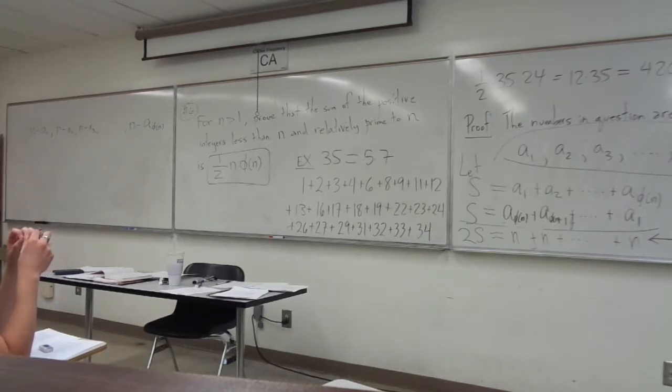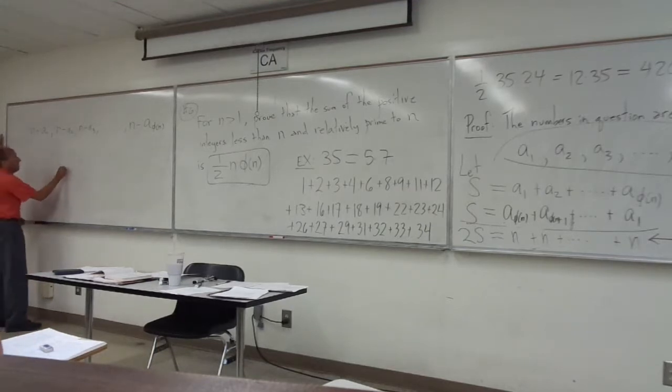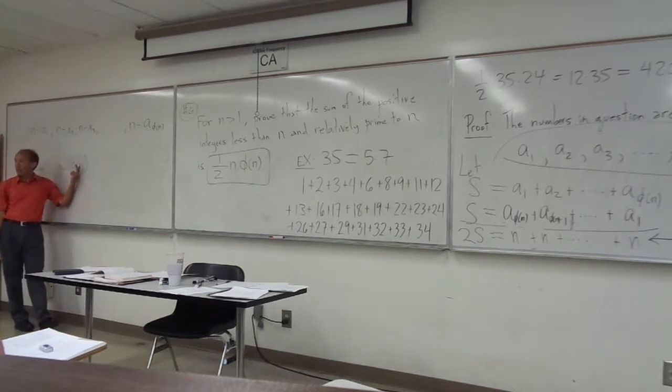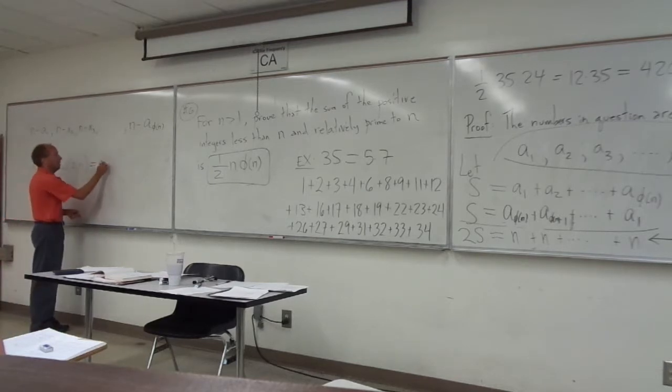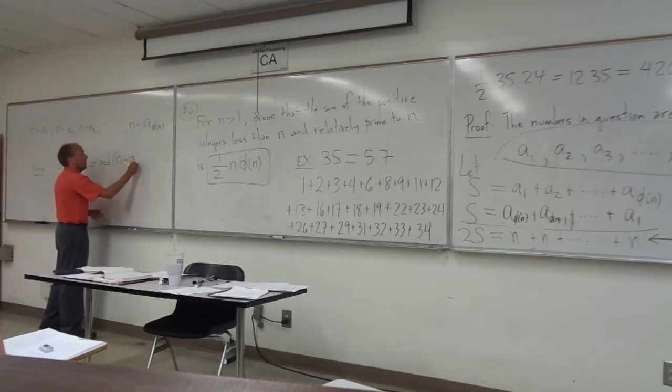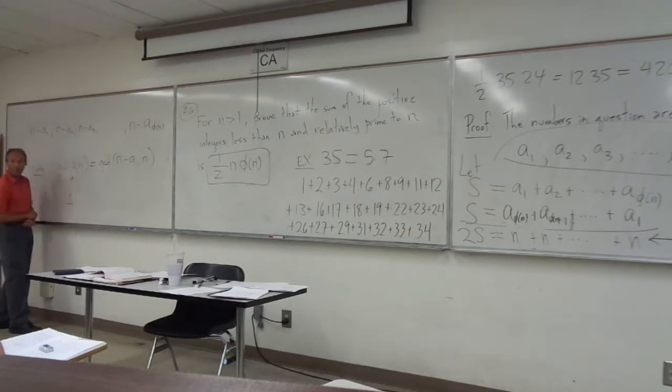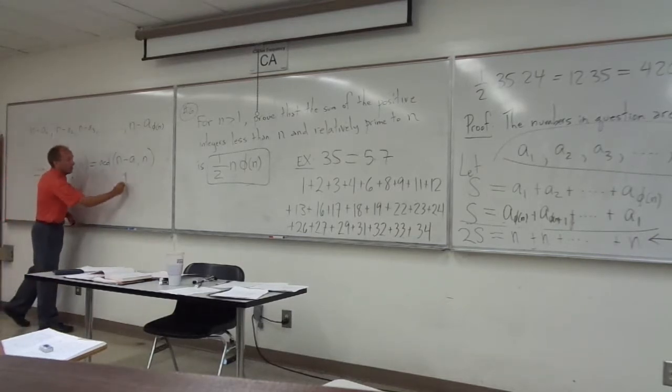The reason is that if a is relatively prime to n, would you agree that n minus a is also relatively prime to n? So if this GCD is equal to 1, would you agree that this one is equal to 1?